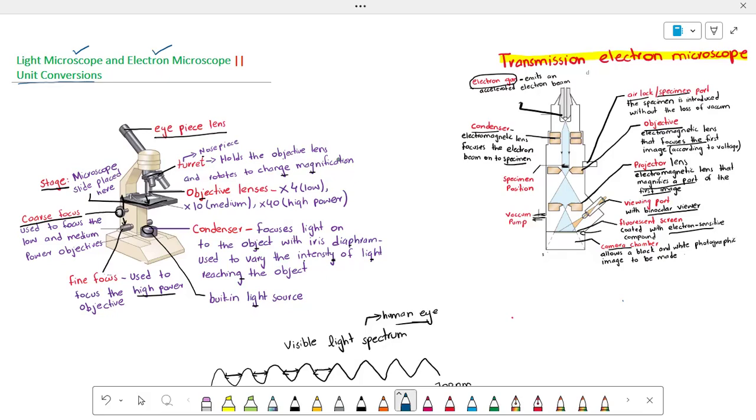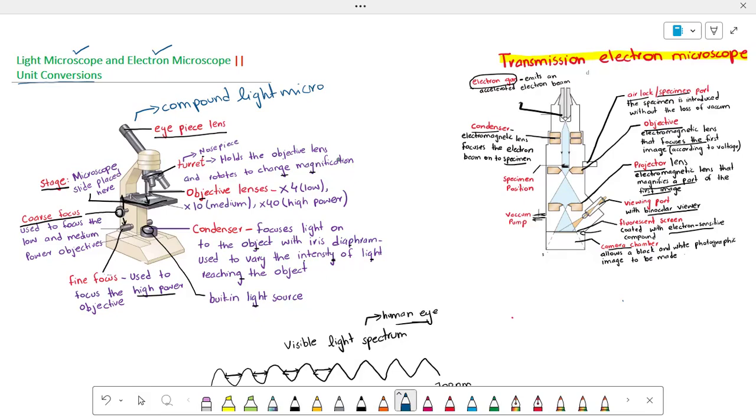So let's start with the compound light microscope. If you look at this diagram, you can see the different labeled parts of the compound light microscope. So let's understand the function of each part.